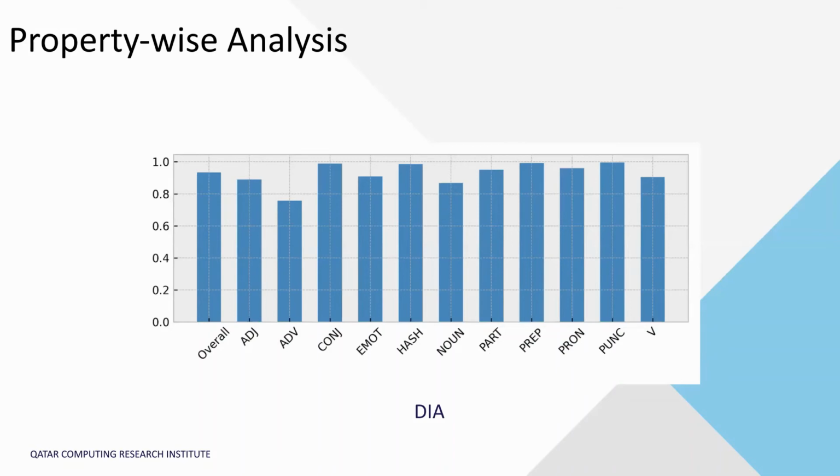This is the same thing, the performance for the dialectal Arabic. As I mentioned before, the dialectal Arabic has less granular part-of-speech tagging, so it's not like the ATB, which has about 42 tags. The dialectal Arabic, I think, has less than 20 tags, and also because it's tweets, we have additional tags like emoticon and hash, and I think URL as well.